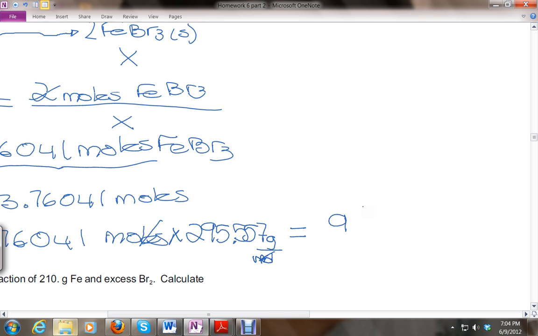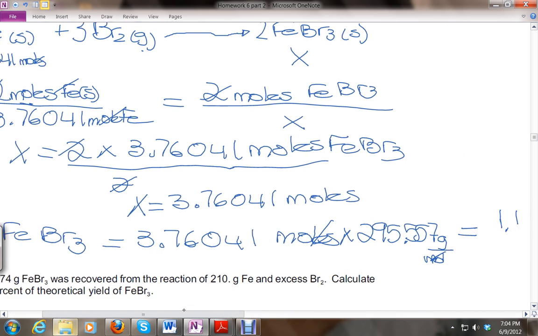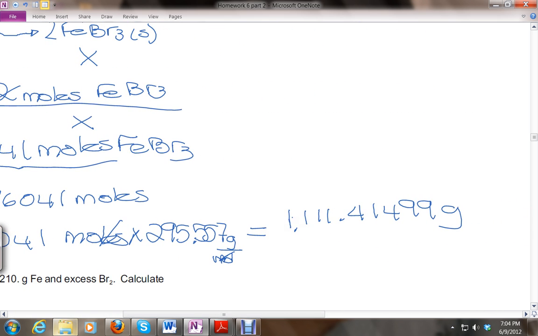It's going to give you 1,111.41499 grams. Taken to how many sig figs? Do you see it? We got 3 again because it's 210 point, so it's going to be 1, 2, 3.